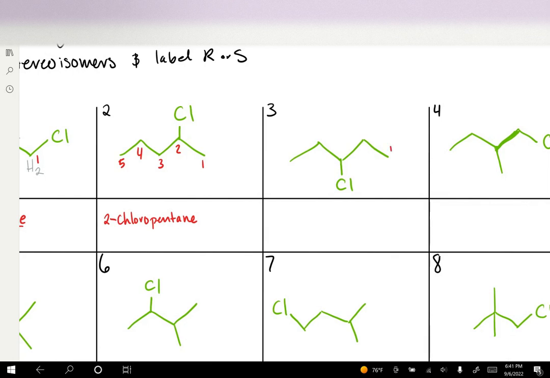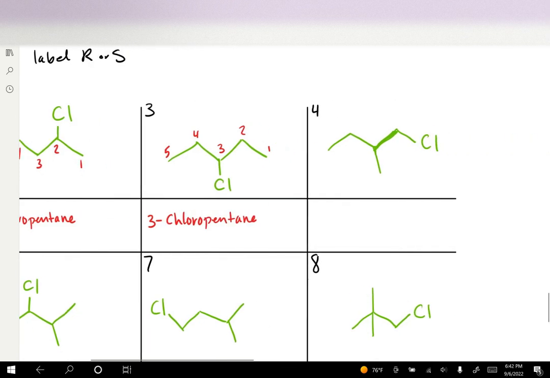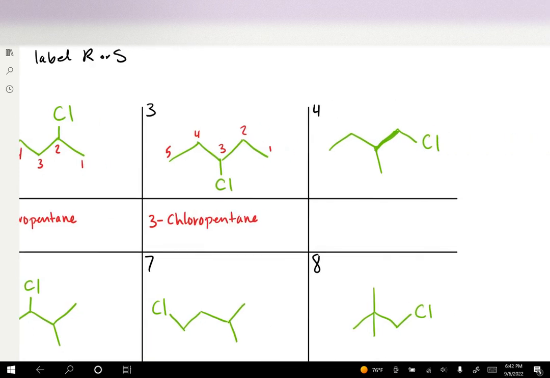3, we're going to have 1, 2, 3. 3-chloropentane. Now 4 is where it starts to change a little bit. We want to make sure that we're keeping track of our main chain. Our main chain is right here. Now we have 4 carbons in our main chain. We still have 5 total, that one hanging out there.